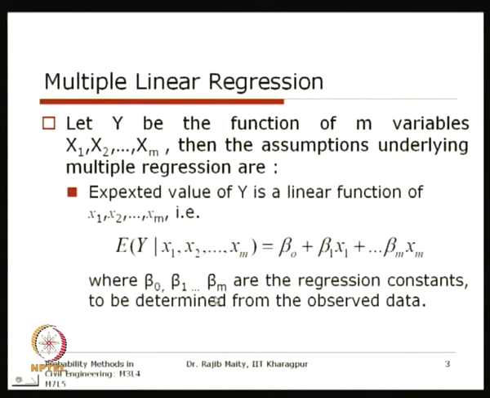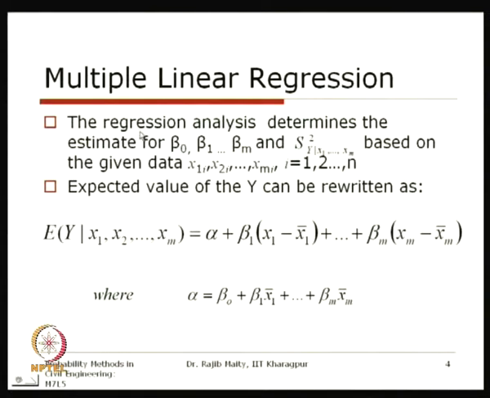When we mention a surface, we are referring to the case of two input variables in a 3-dimensional space, and obviously that concept can be extended to higher dimensions. Here it will be an m-dimensional space that you can imagine. So these constants are to be determined, and that is the basic underlying thing in multiple linear regression, as compared to simple linear regression where the number of inputs was only 1.